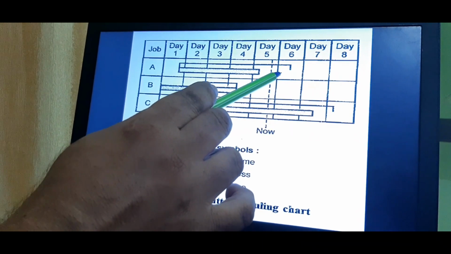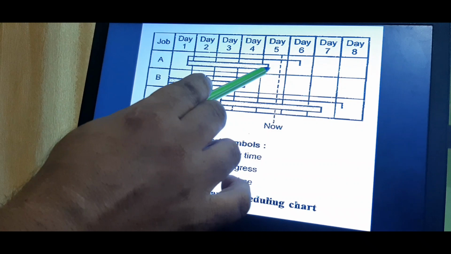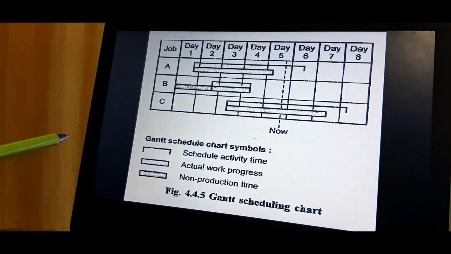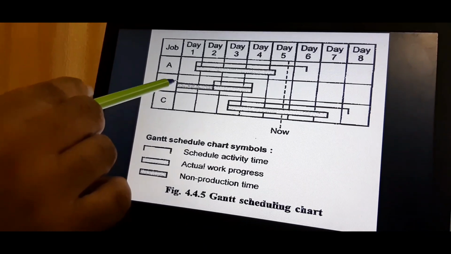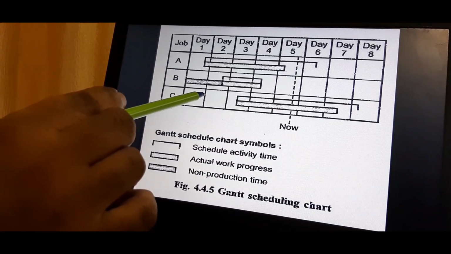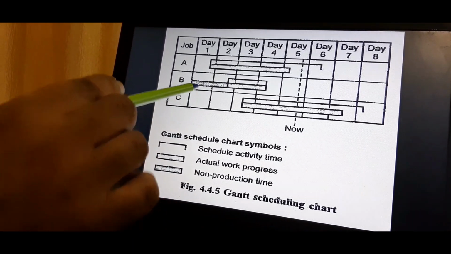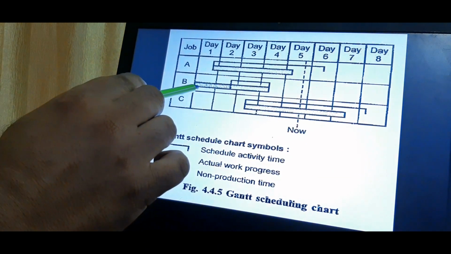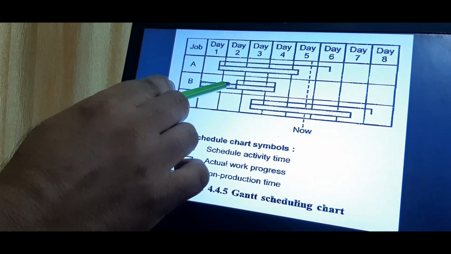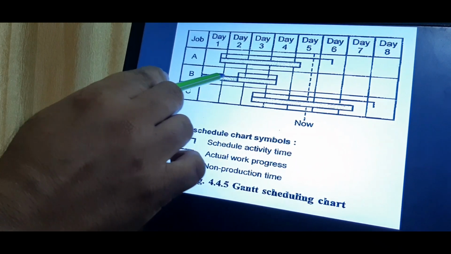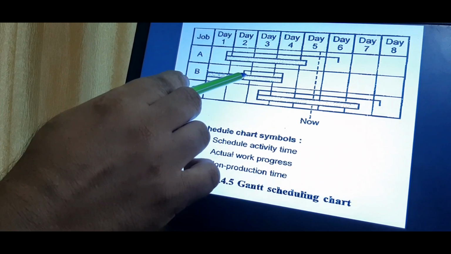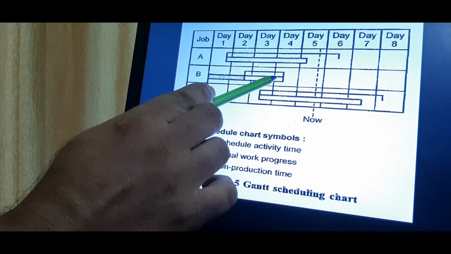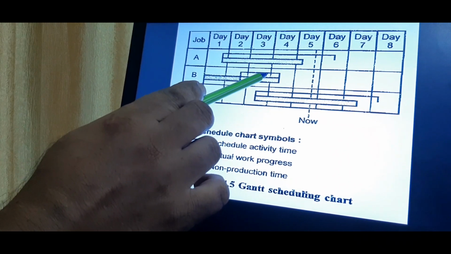So job A is behind the schedule. Now job B. Job B was completed after machine maintenance, but it is on schedule. See here this horizontal bar with the dark patches. This represents the maintenance of the machine. After machine maintenance, the work is under progress and completed in time.